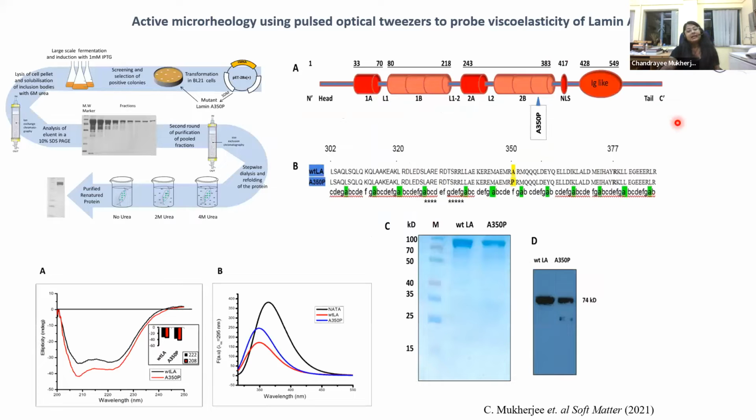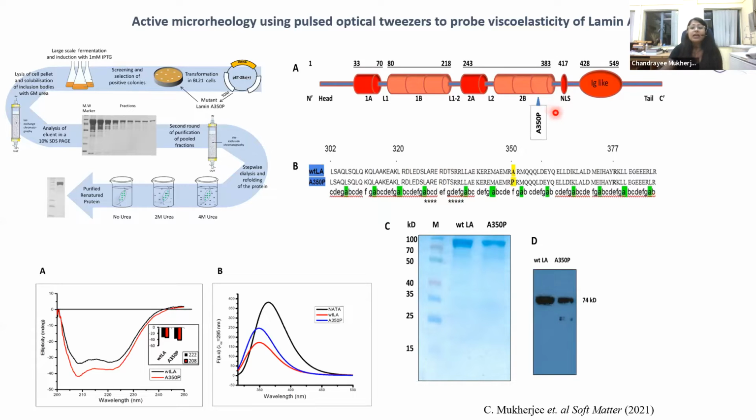So for my study, I have purified the full length lamin A protein, both the wild type and the mutant, in a bacterial expression system. And the mutant that I have worked with in my first project is A350P. There is a proline in place of alanine in the 350th position of the protein.